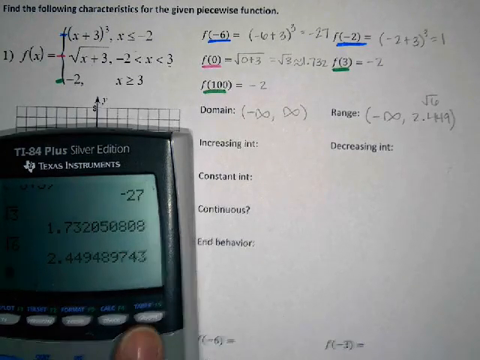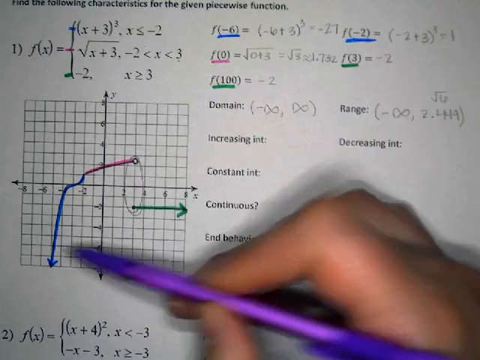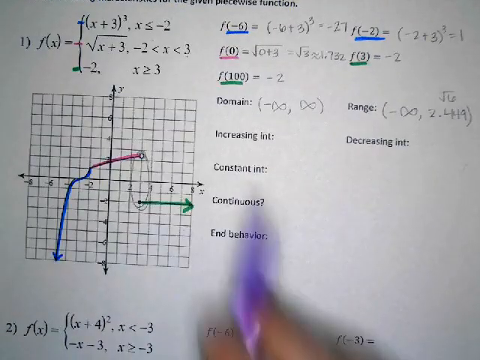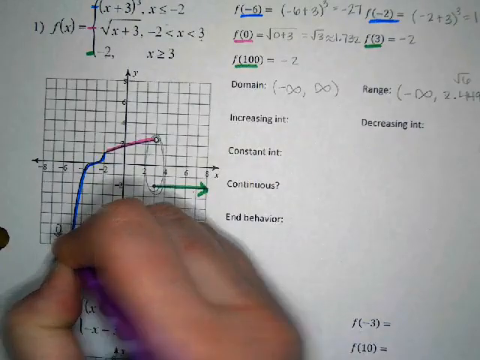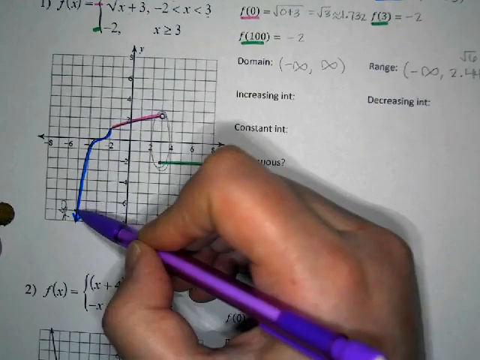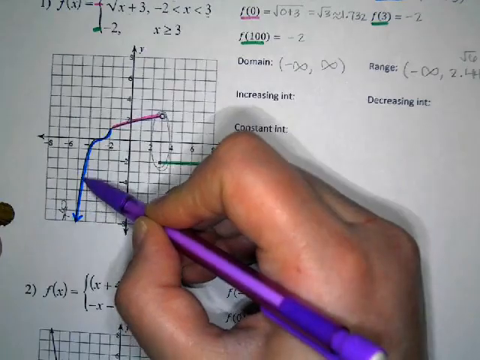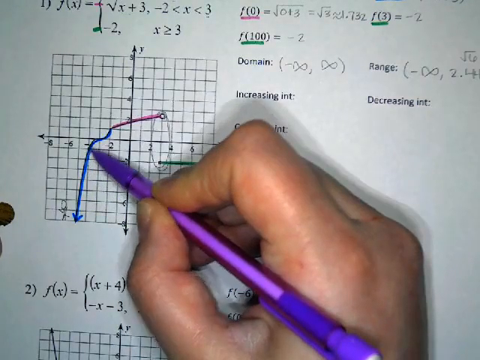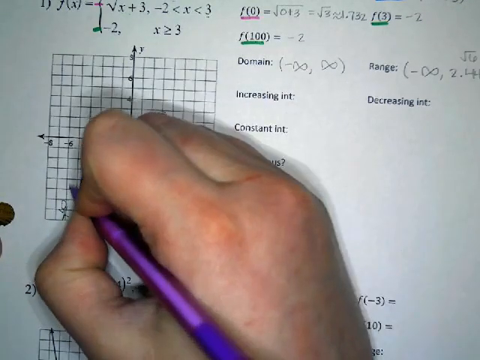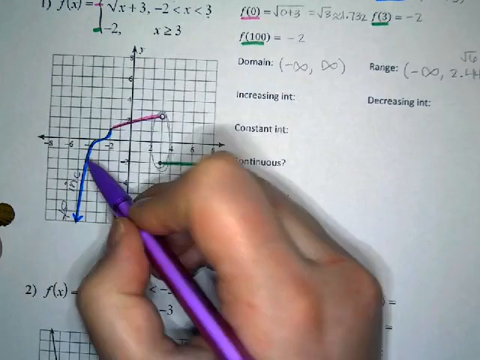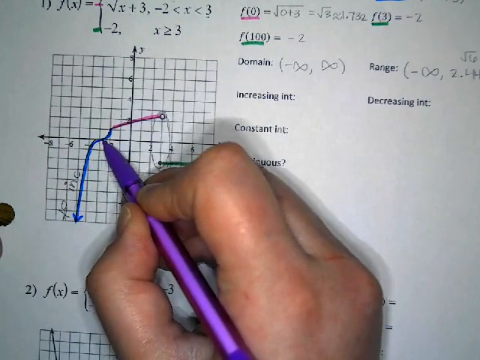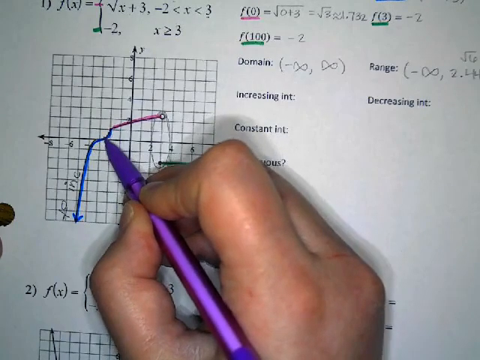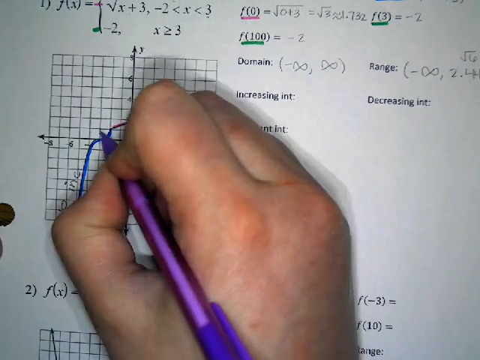Okay, so we've got from down to up. Increasing intervals. So if I've got my stick figure, what is my stick figure doing right here if he's walking? Uphill or downhill? Uphill. This is increasing. Okay, my stick figure's walking. He levels out for a little bit, and then what's he doing right here? This is increasing. Okay, what's he doing here?